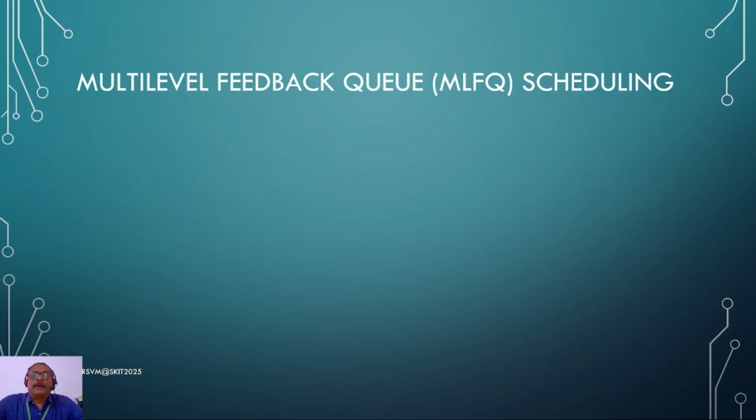It is very difficult to decide at the time of classifying which queue a given task should belong to, but we should have some means to modify the position of the process. So we should be able to change a process from one queue to another queue.